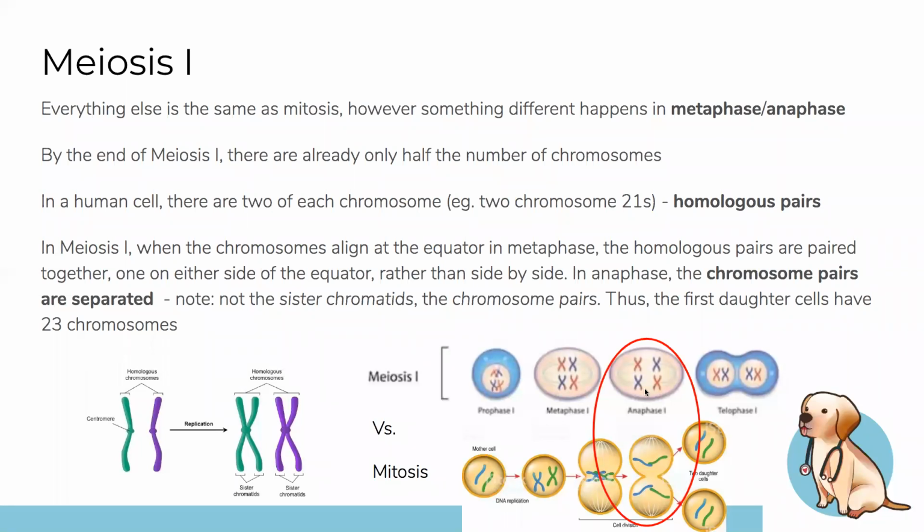Then in meiosis 2, it happens very similarly to mitosis, in which the sister chromatids are pulled apart. So in meiosis 1, the whole homologous chromosome is pulled apart, whereas in mitosis, it's only the sister chromatids that are pulled apart. Therefore, you are halving it instead of keeping it the same. I hope that made sense, because that's the main differentiating point of meiosis.